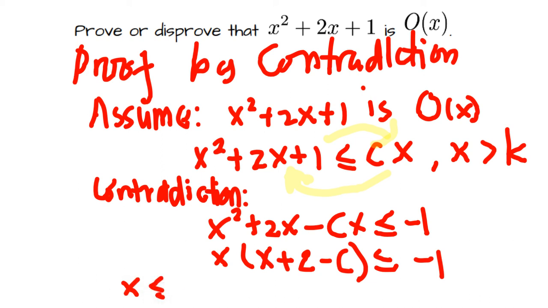And if we factor out x, we will get x times (x plus 2 minus c) less than or equal to negative 1.